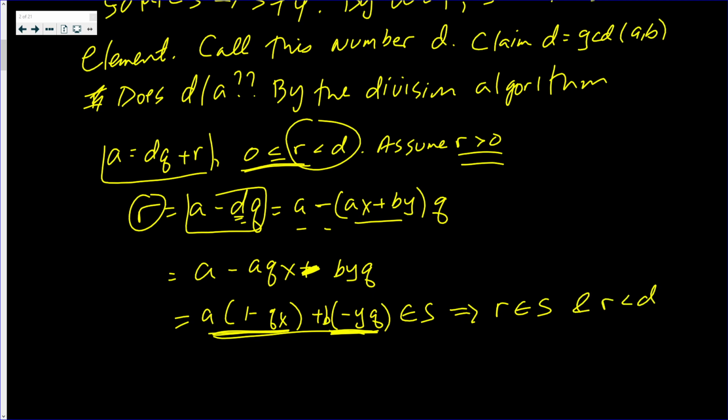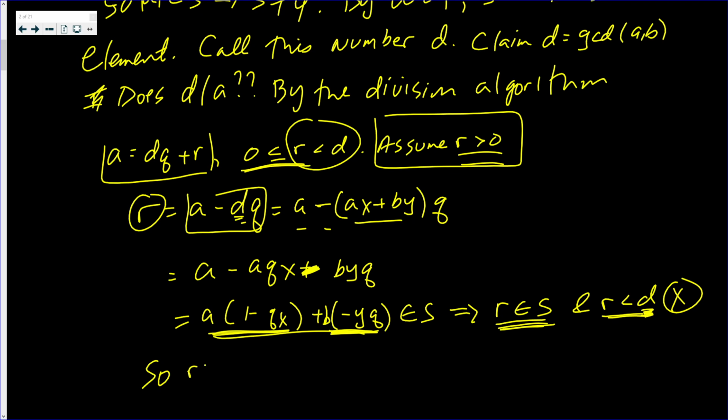R is less than D. This is a contradiction, because D was the smallest element in S. I claim I found another element in S that's smaller than D. That can't be. What can't be? Our assumption. So R greater than 0 is not true.